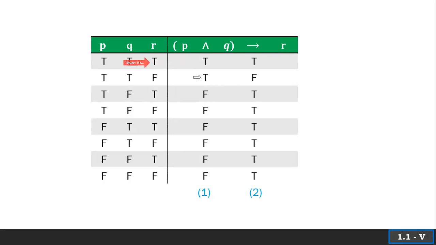The next row, I have true implies false. So again, I'm having to read it because this part comes before this part. So I end up with, this is the second operator I've cleared, and this is the final truth value assignment for this operation P and Q implies R.